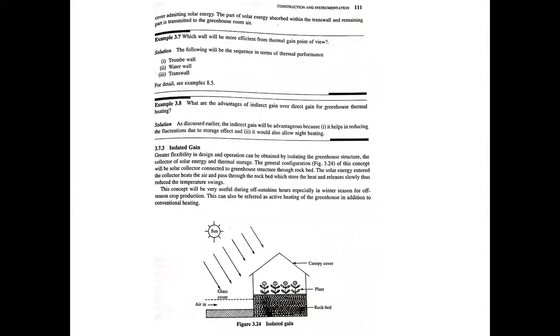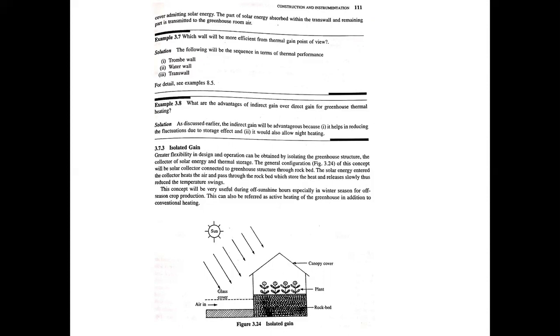Then next is isolated gain. Greater flexibility in design and operation can be obtained by isolating the greenhouse structure, the collector of solar energy and thermal storage. The general configuration, figure 3.24, of this concept will be a solar collector connected to the greenhouse structure through a rock bed.